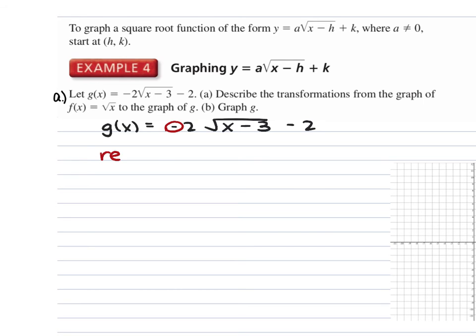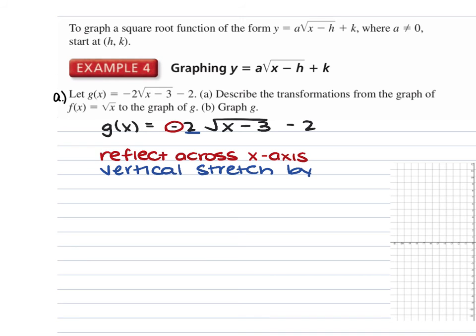That's a reflection. It's happening vertically, so that's a reflection across the x-axis. Next we have the 2. 2 is in front of the radical, so it is how you see it. That gives us a vertical stretch by a factor of 2.